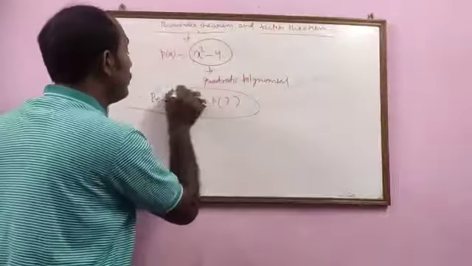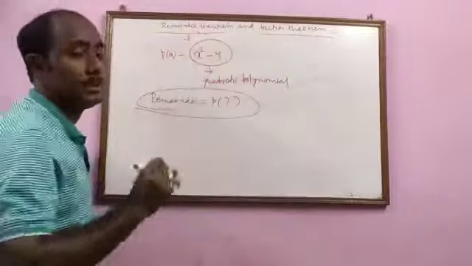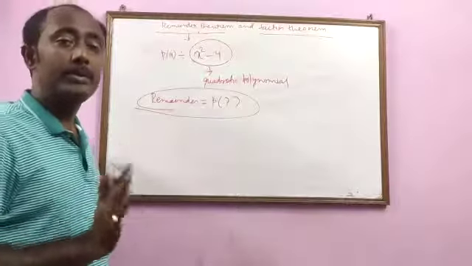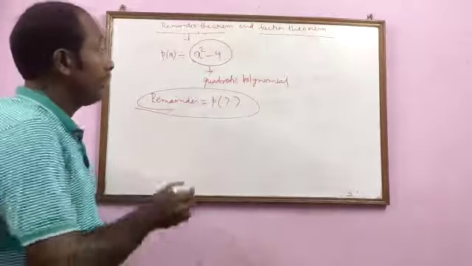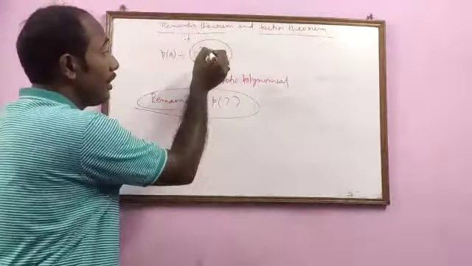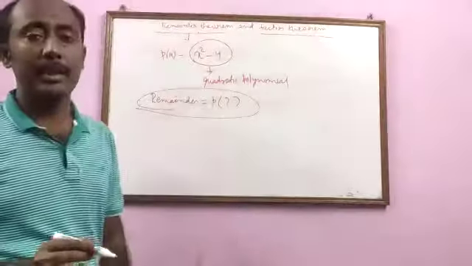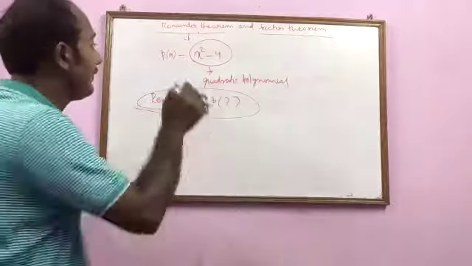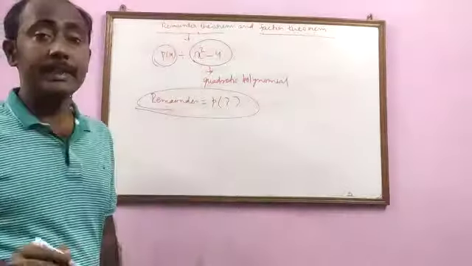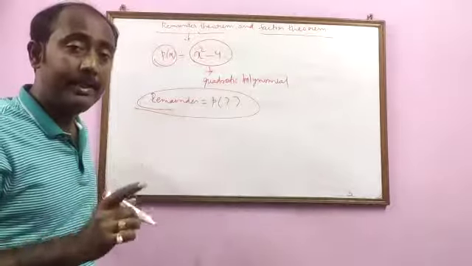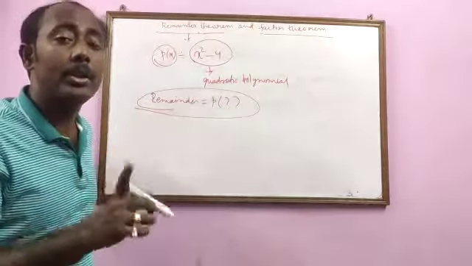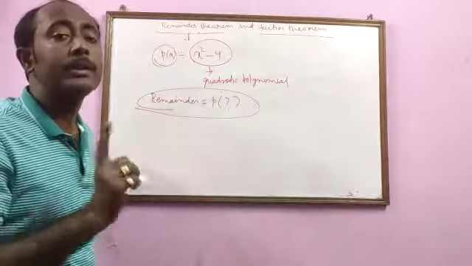We cannot use the remainder theorem for such a case. I hope this is clear to you now. If the divisor is not a linear polynomial, we cannot use the remainder theorem.